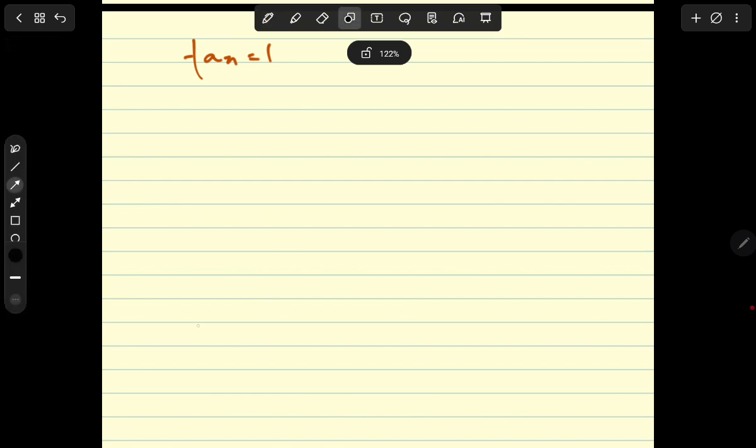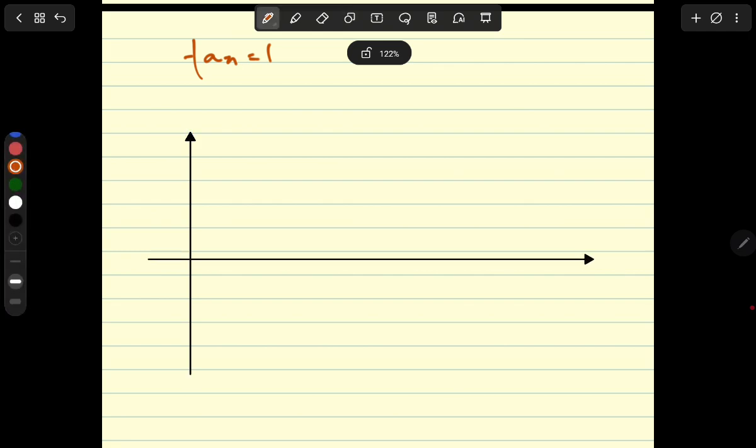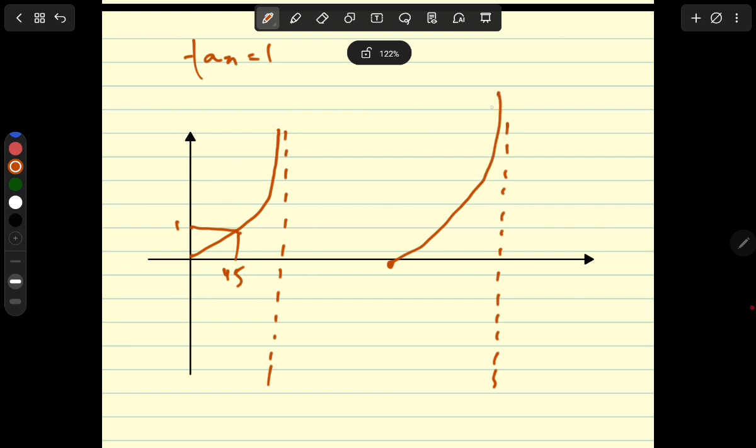Although it's going to take a while, let's do it properly. So, tan of x. If I'm drawing tan of x, I know that the asymptotes occur at 90 and 270 degrees. So these are the asymptotes, and the tangent graph is 1 at 45 degrees, and it repeats after 180 degrees.